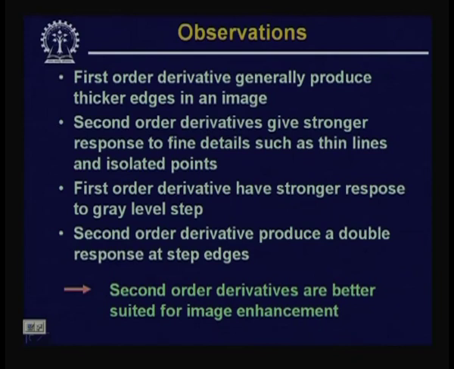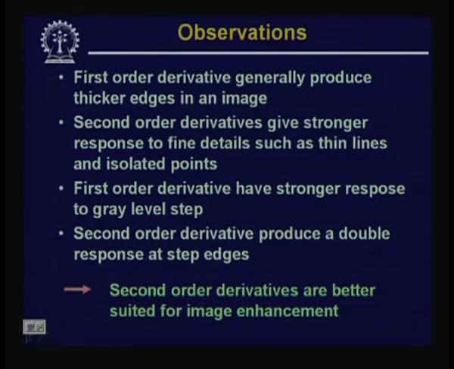The first order derivative has a stronger response to gray level step, and the second order derivative produces a double response at step edges. And as the details in the image are either isolated points or thin lines, the second order derivatives are better suited for image enhancement operations. So, we will mainly discuss the second order derivatives for image enhancement.